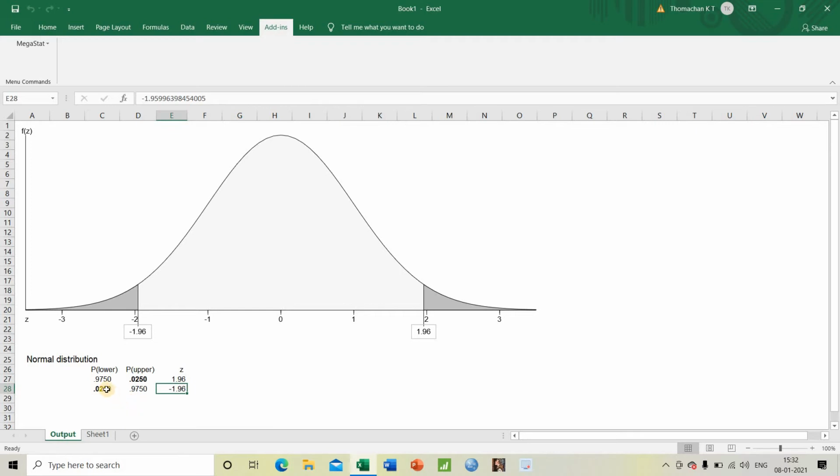That means 2.5% of the area lies below minus 1.96 and 2.5% above. 2.5% in each tail. 95% of the area lies between minus 1.96 and plus 1.96.